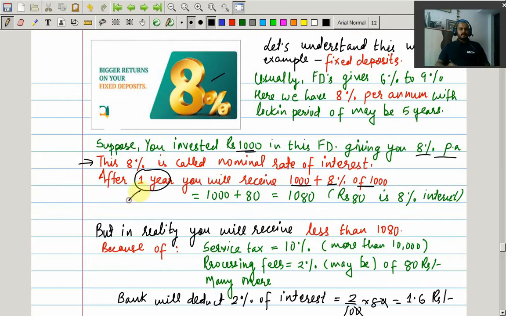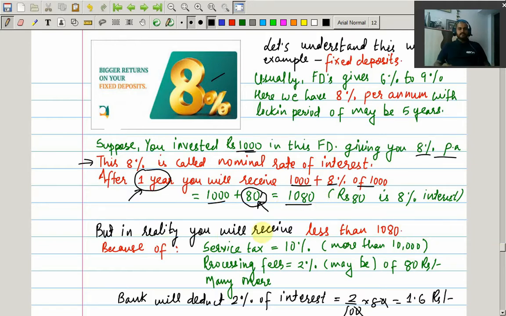So deliberately I have taken 1 year. So you must get back 1000 rupees and the interest amount is 80 rupees. My point is, this 80 rupees, you won't get exactly 80 rupees. There has to be some amount deducted by the bank as their expense or charges. So this much amount you are supposed to get back.